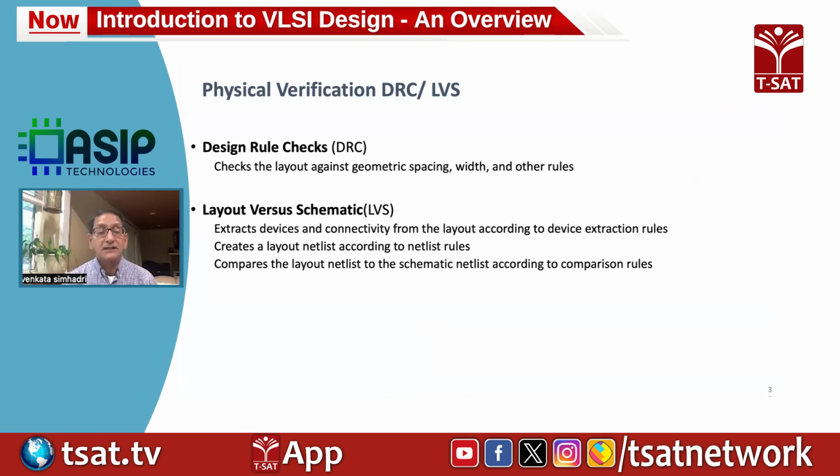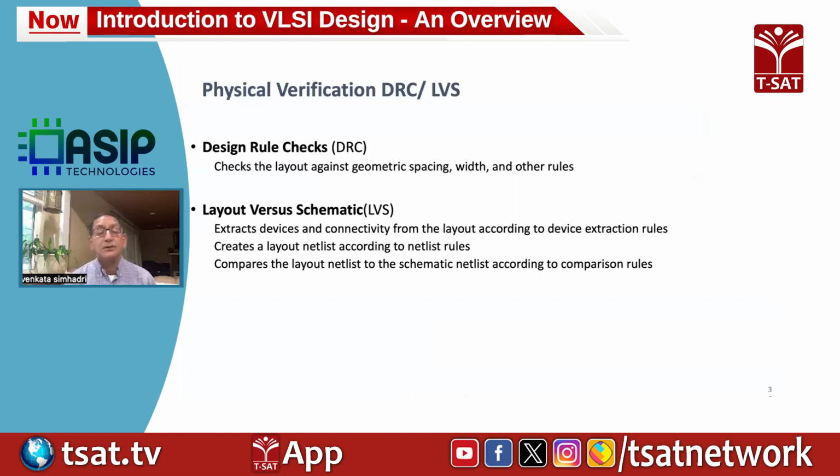For example, if it's a TSMC 28 nanometer, the foundry will tell you what is the minimum width of the metals you need to use, width of the spacing between the metals, and how big your vias need to be, interconnects between the metals. So there will be very complex design rules, and there are tools out there that will take your layout and run these checks and tell you whether it meets the requirement or not.